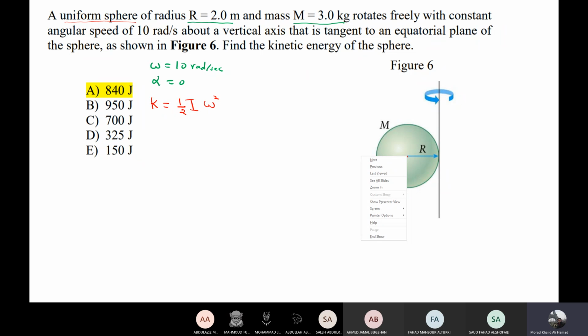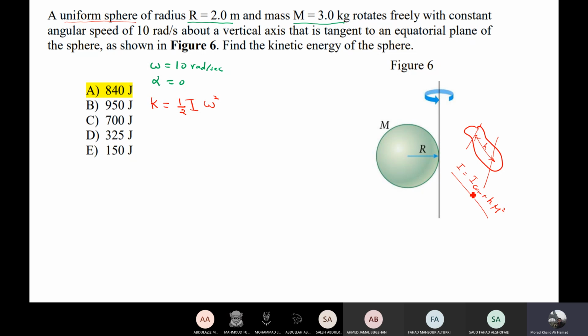Do you know what the parallel axis theorem is? If you have a body here, and this is the center of mass and here is the axis of rotation, and the distance is h, I here should be equal to I center of mass plus m h squared.